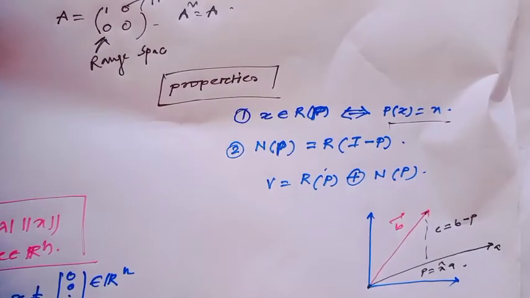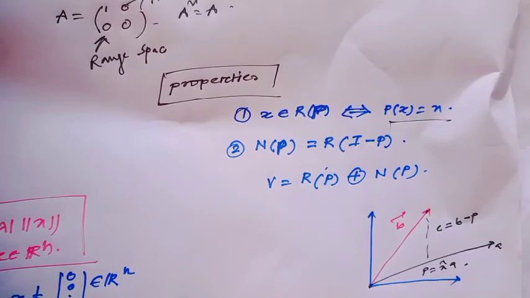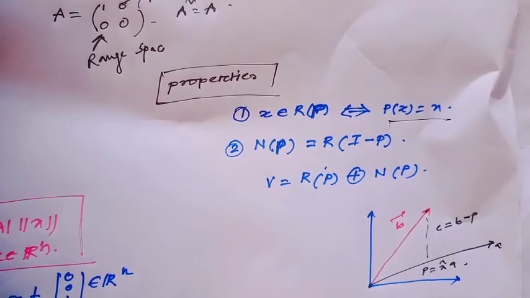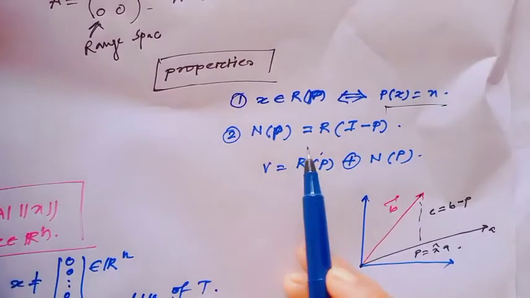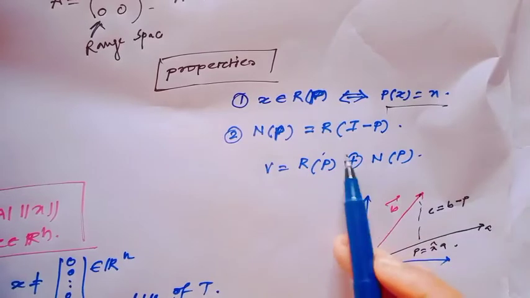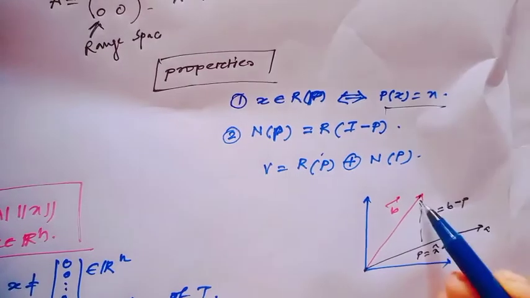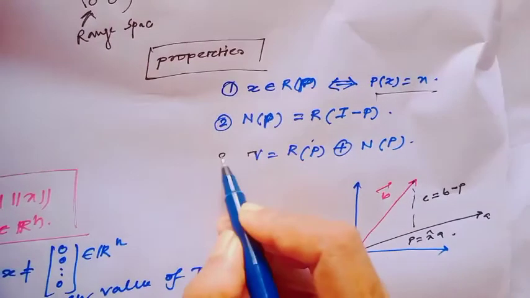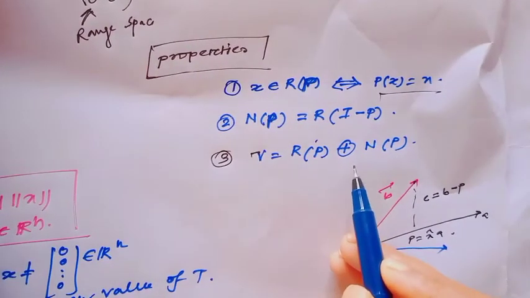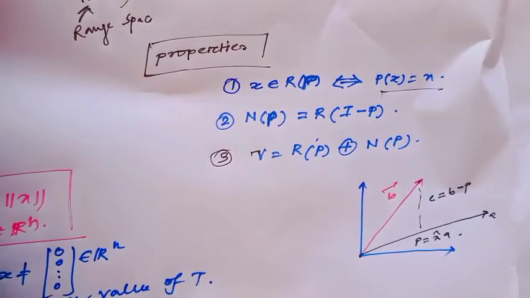Here Px means Tx, where Tx equals y, but since this operator P is also idempotent, Px equals x. The null space of this operator is equal to the range of I minus P. That means the range space of this mapping is the projection direct sum the null space of this projection.